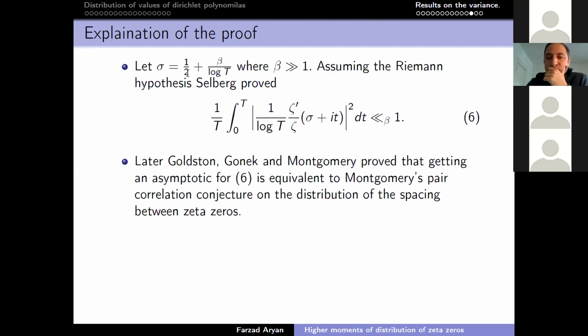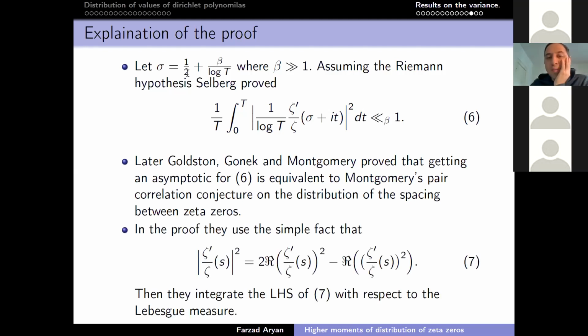But later on, Goldston, Gonek, and Montgomery proved that if you get an asymptotic which depends on beta, this would be equivalent to Montgomery's pair correlation conjecture on the distribution of zeros between zeta zeros. How did they prove that?